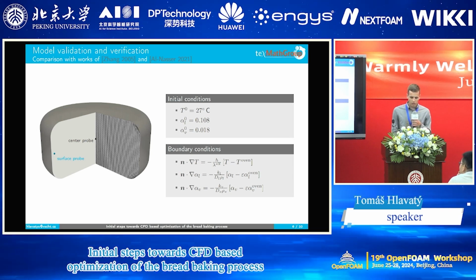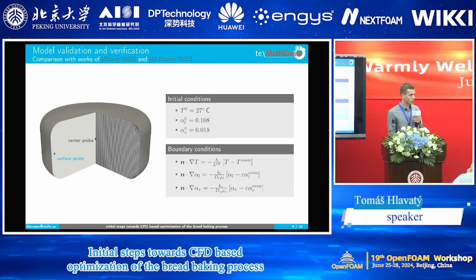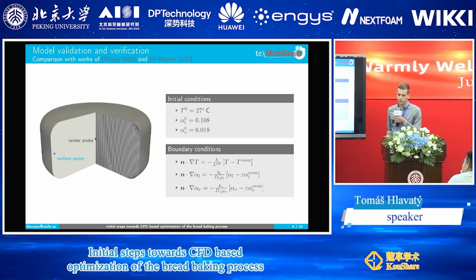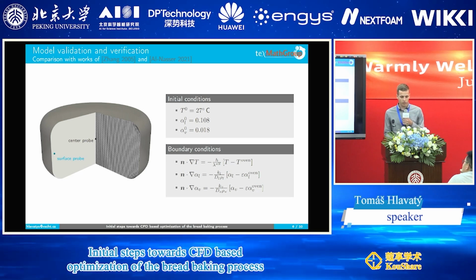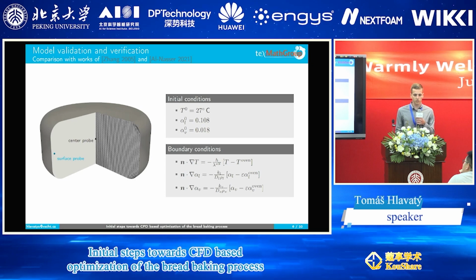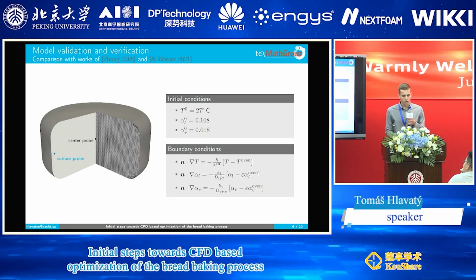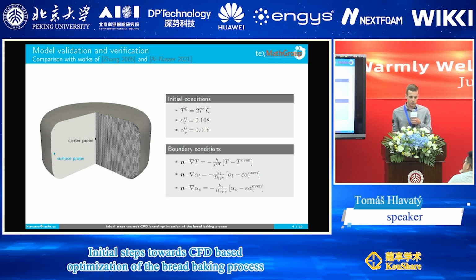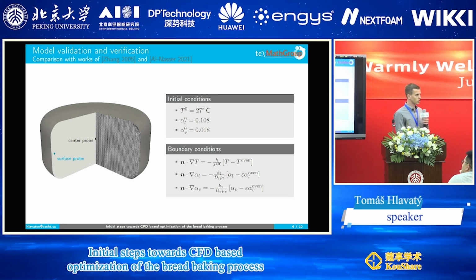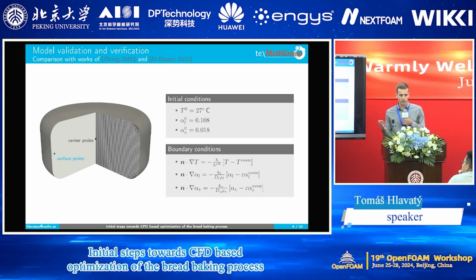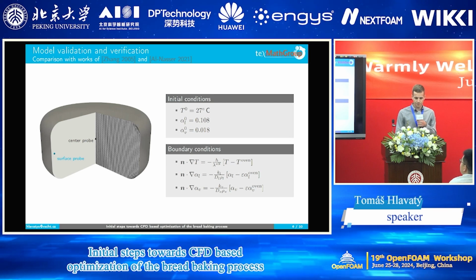And we just work with a simple axisymmetric geometry of the bread. Initial conditions are set according to the experiment, and boundary conditions are Robin boundary conditions that represent the equality of the internal and external fluxes.